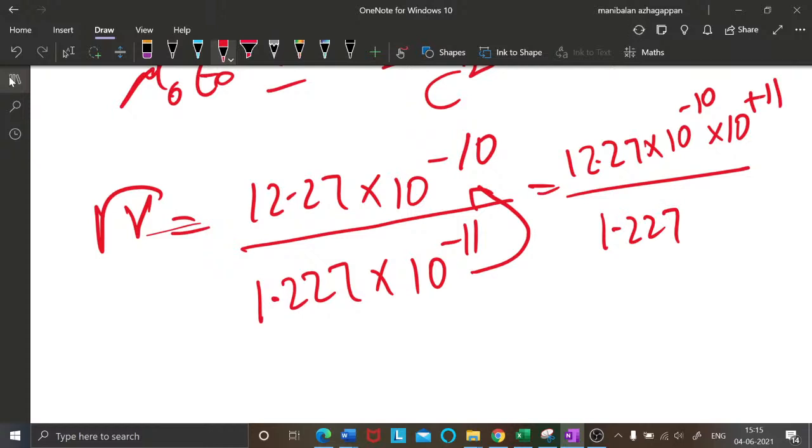I want to make both values 12 point something, so I multiply numerator and denominator by 10. Very simple calculation.